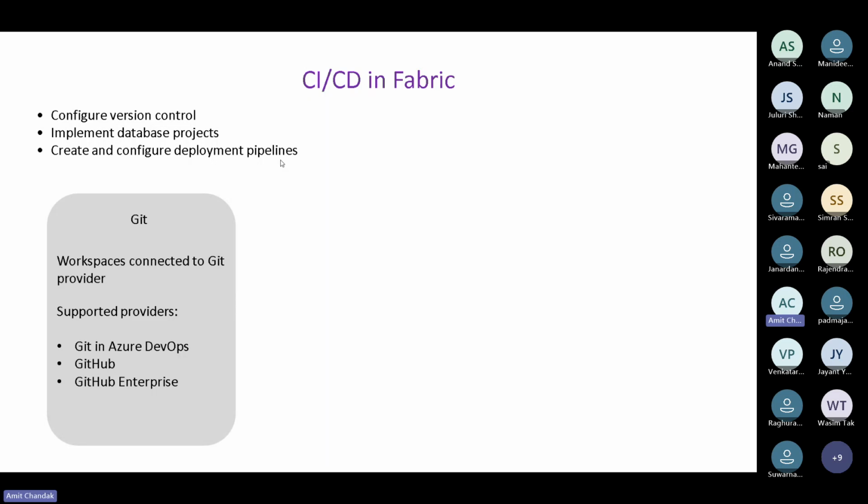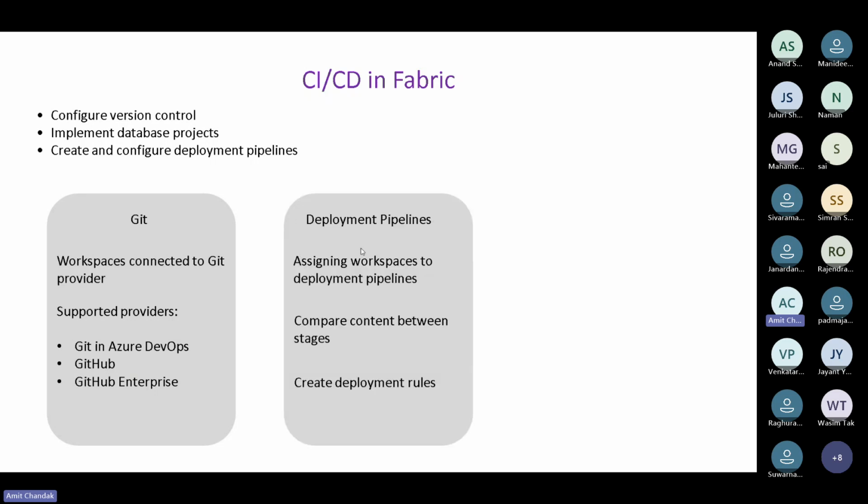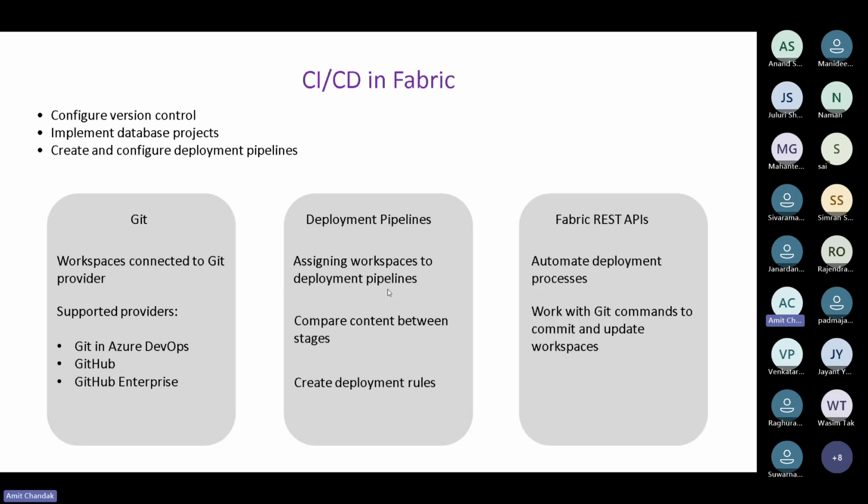Then Git integrations, workspace can be connected to Git providers, Git in Azure DevOps, GitHub, GitHub Enterprise. Deployment pipeline, assign the workspaces in deployment pipeline. Like you can say, this is my dev workspace, this is my test workspace, this is my QA workspace. Compare content between each stages. You can compare the content and then create deployment rules. Deployment rules basically when you, let's say you take a report from dev environment to production environment or dev environment to test environment.